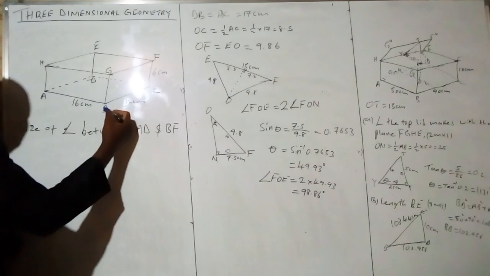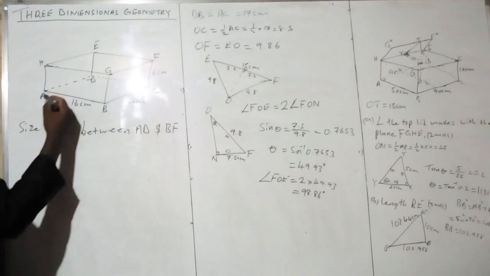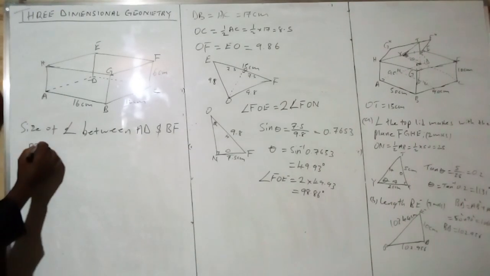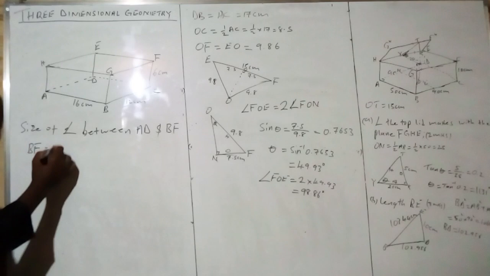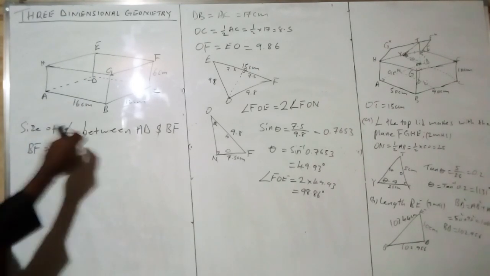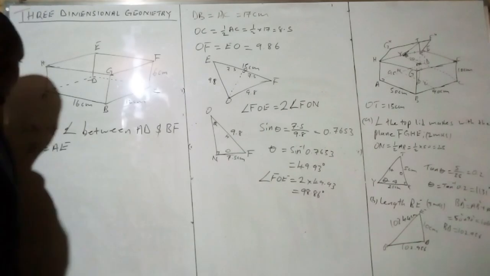BF is the same as AE. So the examiner wants to confuse the runners. BF is the same as AE.